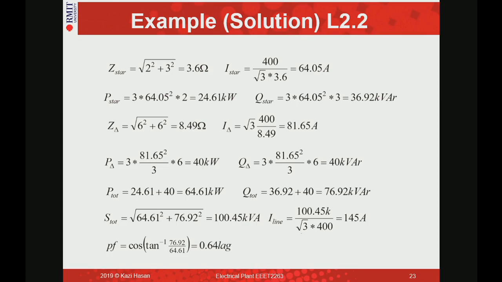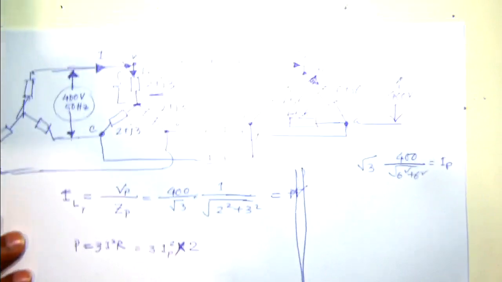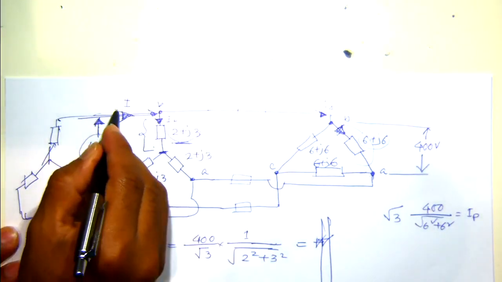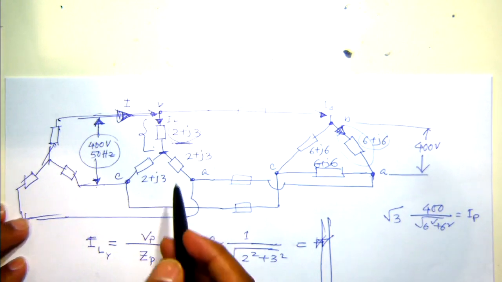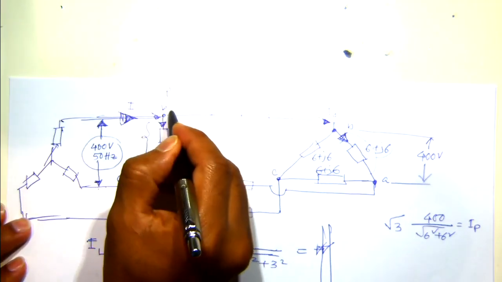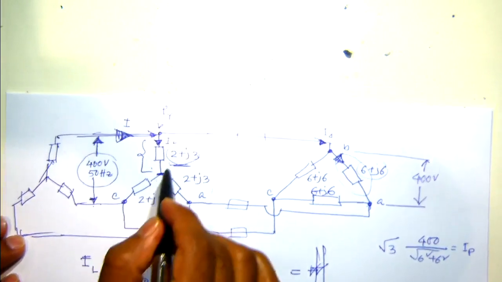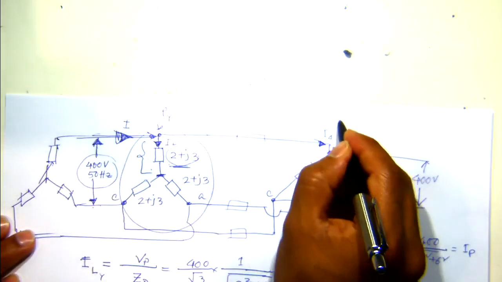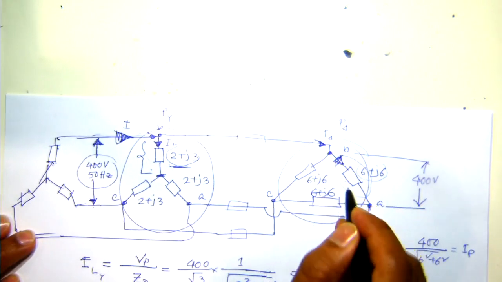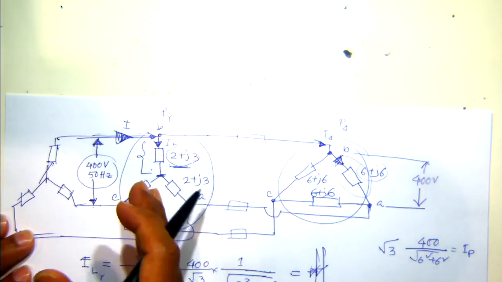For that last line current, what current is that? That last one, that's 145 amps. This is the total current. So this is the current that is going from this source. What we calculated is the total P_Y for these three and P_delta for these three, and subsequently Q_Y, Q_delta.